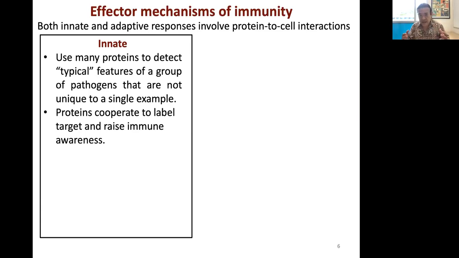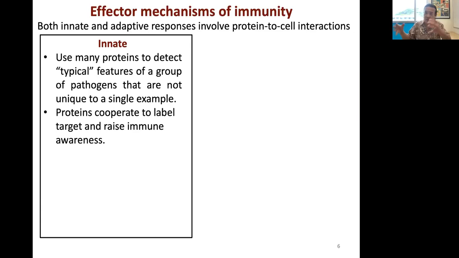On the innate side, because it's kind of a generic general response, you can use many different proteins, each one of which is the right shape to detect some sort of commonly presented shape on the surface of a pathogen. So you can use many proteins to detect these typical features of a group of pathogens that are not necessarily unique to a single specific example of just one type of bacteria or just one type of virus.